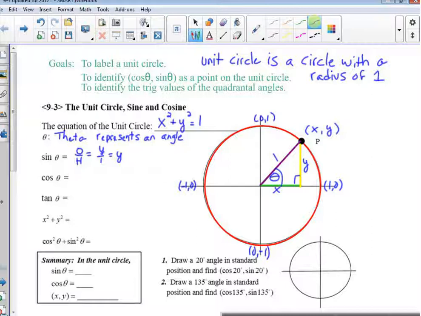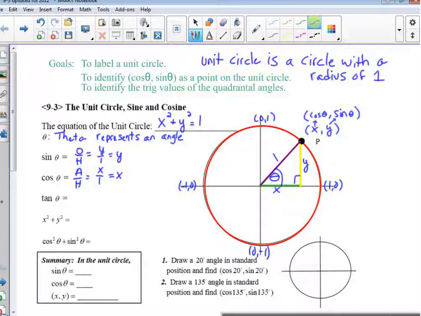The cosine of theta is adjacent over hypotenuse, and that in our problem is x over 1, or just x. So it looks as though this point, x comma y, is really cosine theta comma sine theta, because x is equal to cosine theta and y was equal to sine theta.